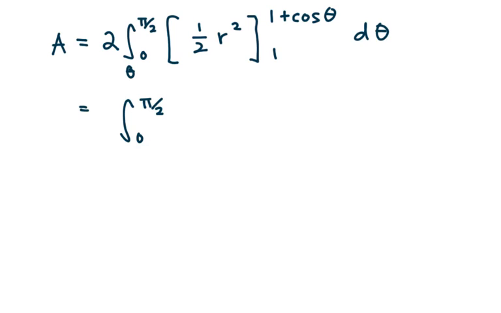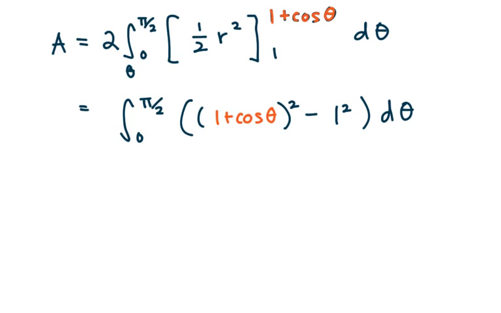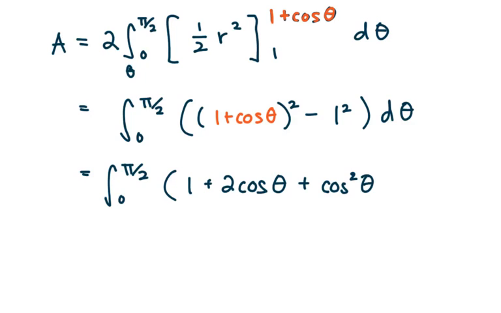I'm going to plug in my first bound, which was 1 plus cosine theta. So I have 1 plus cosine theta, quantity squared, minus 1 squared, d theta. From 0 to pi over 2, I get 1 plus 2 cosine theta plus cosine squared theta minus 1 d theta.